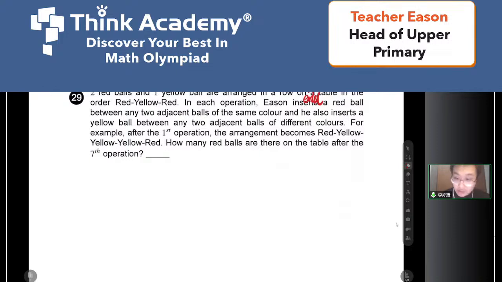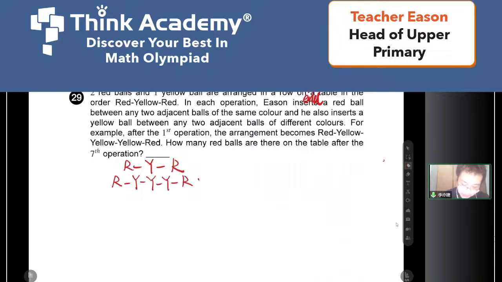So it gives us another rule. Originally there are red, yellow, and red balls, and for each operation, we just insert balls inside of it. We insert a yellow ball to those with distinct color and insert a red ball to those with the same color. For the first step, we insert a yellow ball here and a yellow ball here.